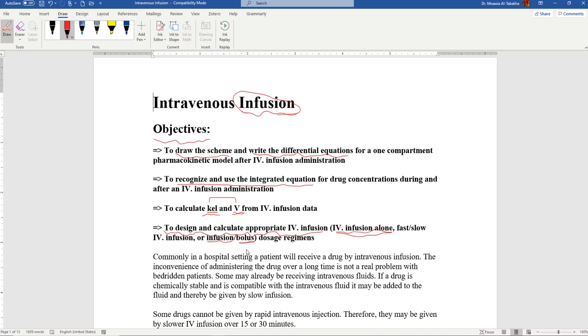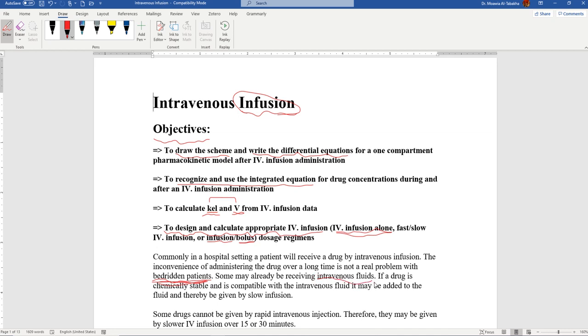Consider patients who are bedridden, staying in beds in the hospital, and some are already receiving intravenous fluids.